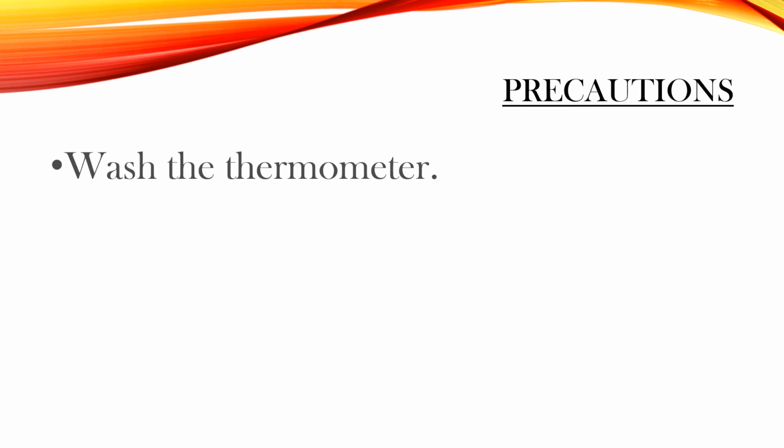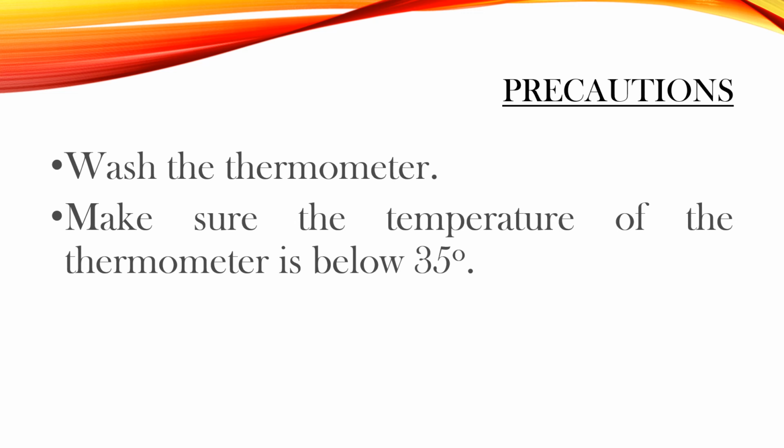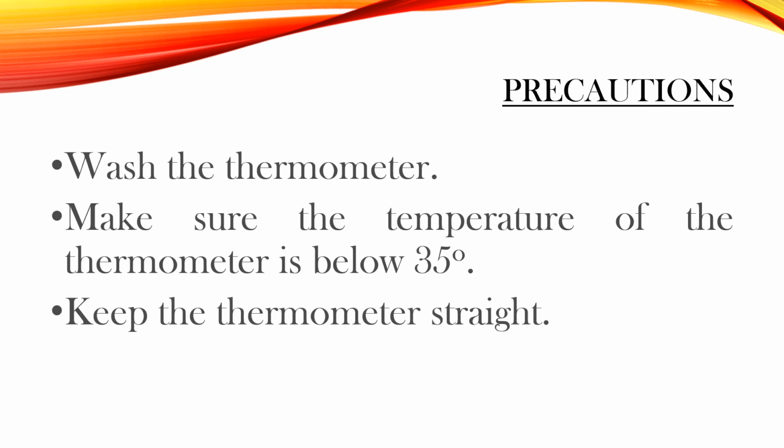Then what are the precautions that should be taken while using a clinical thermometer? Wash the thermometer before and after using it. Make sure that the mercury level of the thermometer is below 35 degrees Celsius before taking the temperature. You have to keep the thermometer straight in order to see the mercury level precisely.